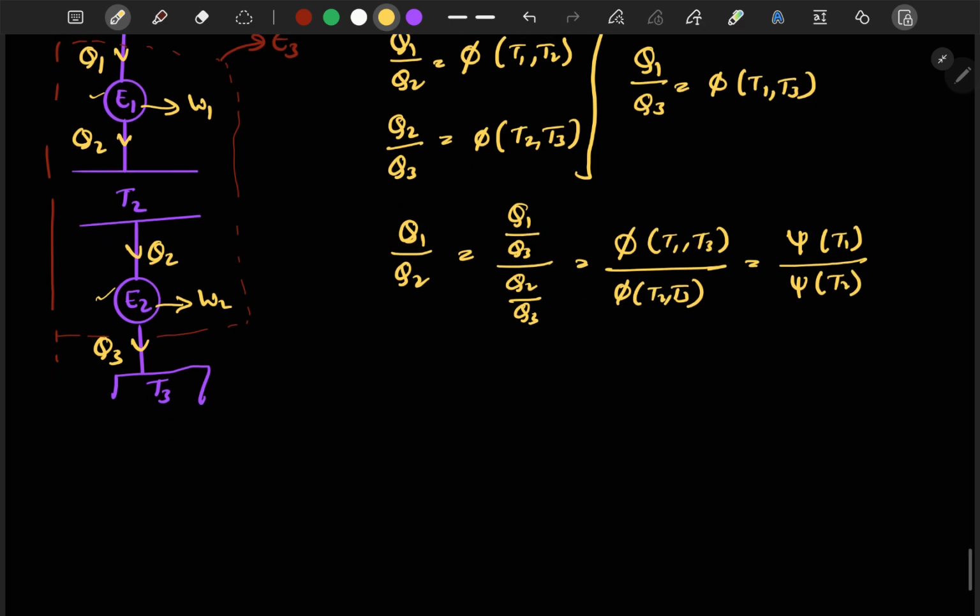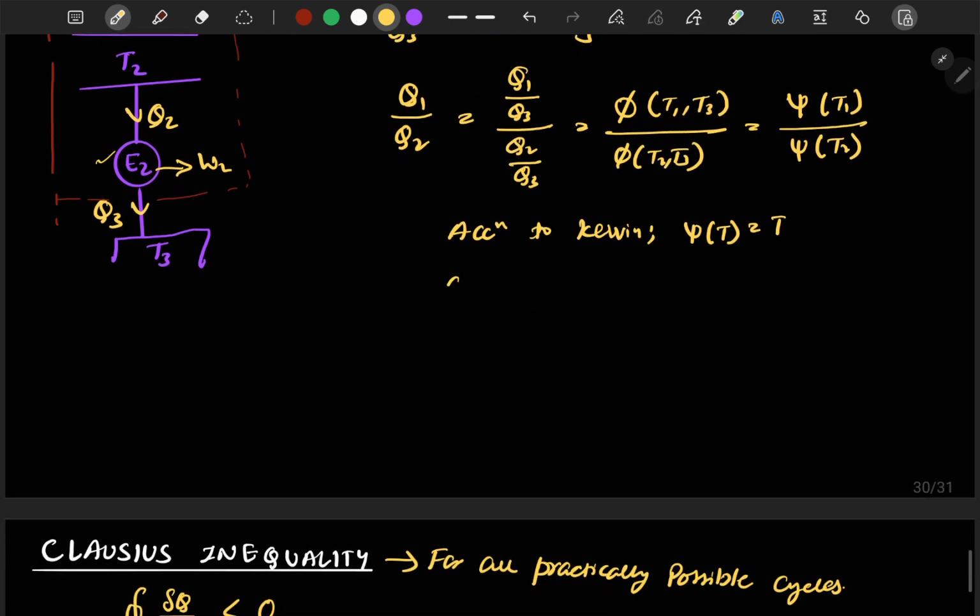Okay, so according to Kelvin we can take the function psi of T to be equal to temperature. So we get from here Q1 by Q2 is equal to T1 by T2.